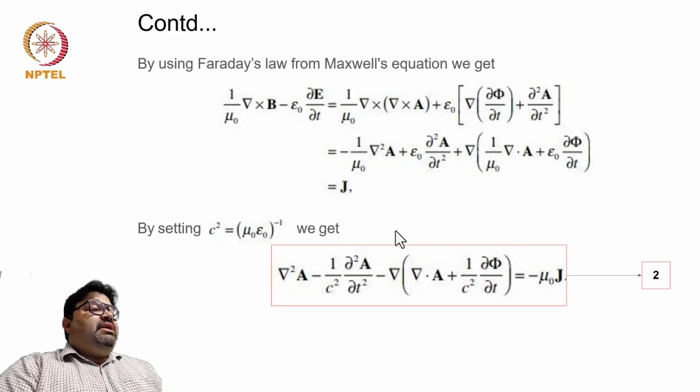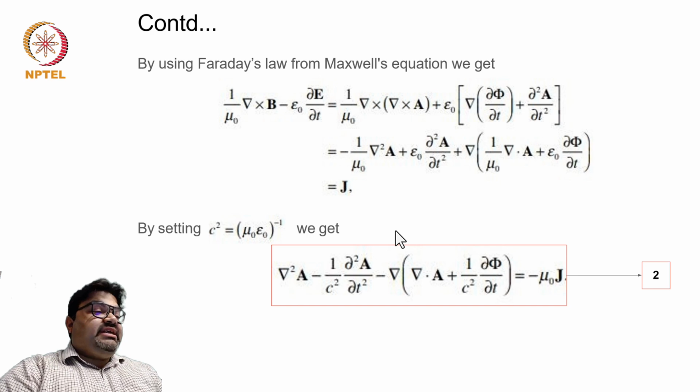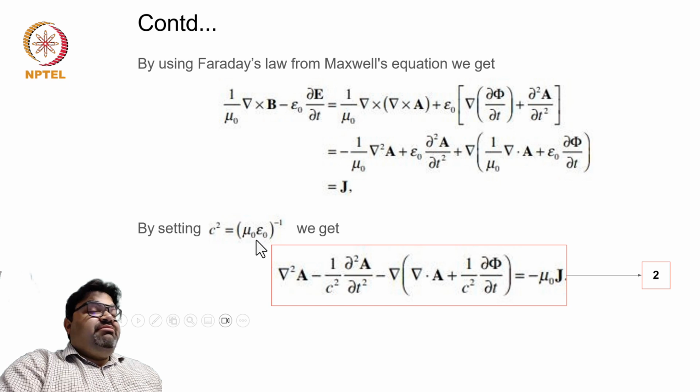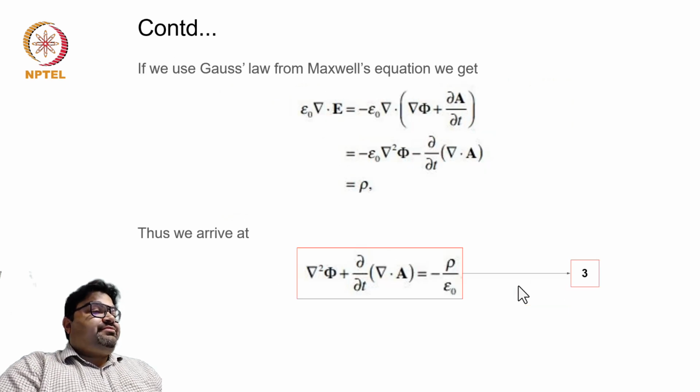Very good. By using Faraday's law from Maxwell's equation, we get, if you just follow this expression, we will be sharing the slides, and then by setting c equal to 1 over square root of mu 0 epsilon 0, you finally derive this huge expression.